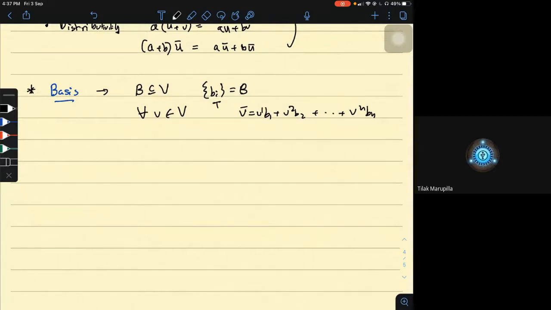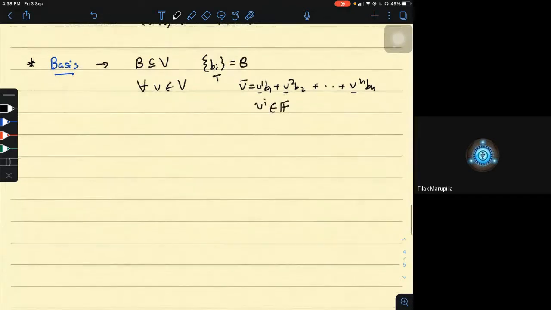So here, these are the coefficients of my basis vectors. So these basis vectors are still some random objects in this vector space. And these are the coefficients. And these coefficients belong to the scalar field F. So thus, if all elements in the vector space V can be written in terms of linear combinations of the basis, these vectors are called basis vectors.